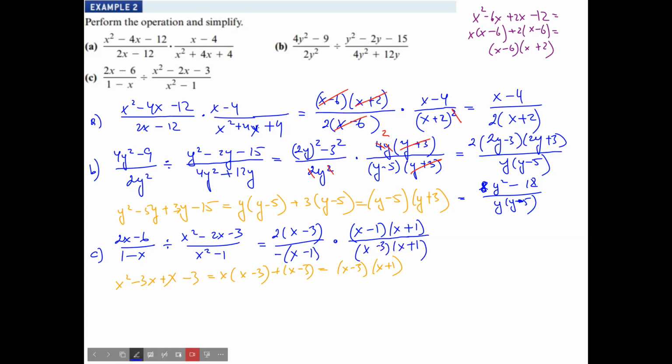Okay, so now I take my red pen. What I see, this and that cancels out. This and that cancels out. This and that cancels out. And I have 2 divided by minus 1, which is minus 2.